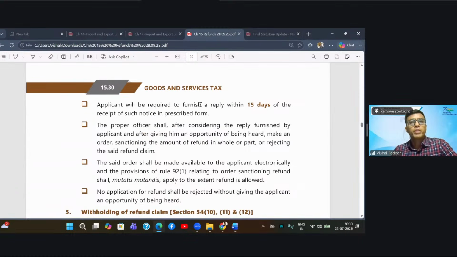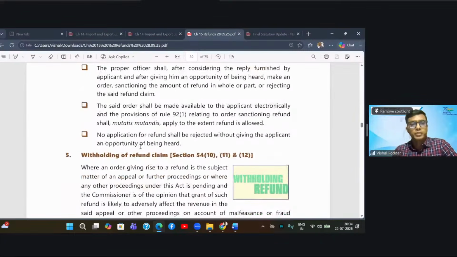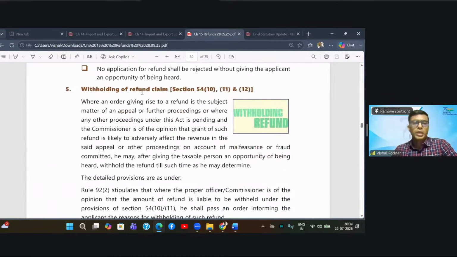The applicant will be required to make the reply within 15 days of receiving the SCN, and after considering the reply and giving an opportunity of being heard, the officer will have to take the final call. Importantly, there is also a provision of withholding of refund.